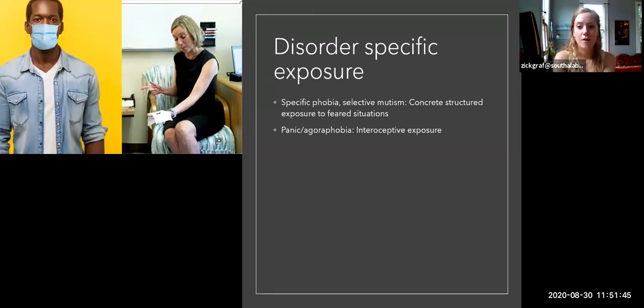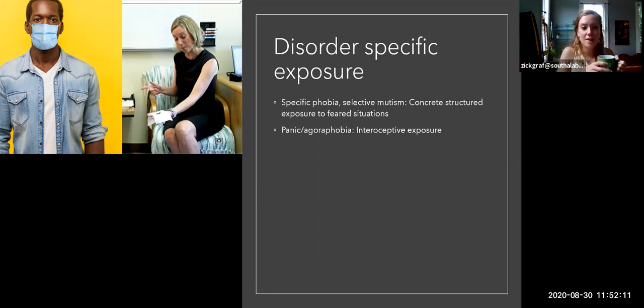For panic and agoraphobia, exposures are interoceptive. So people who have panic attacks have conditioned fear of their own physical sensations. Things like elevated heart rate, difficulty breathing. Many people with panic disorder have trouble wearing masks because that feeling of slight difficulty breathing can mimic some of the early signs of a panic attack and hyperventilation.